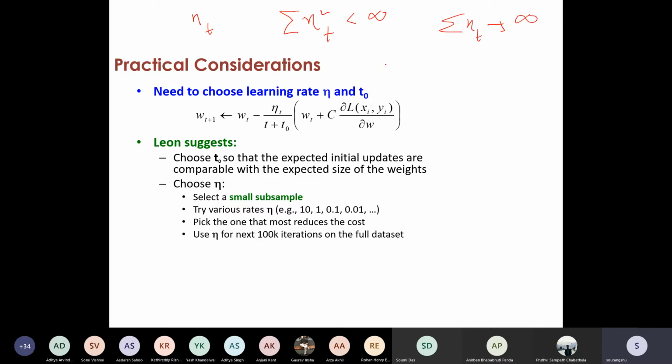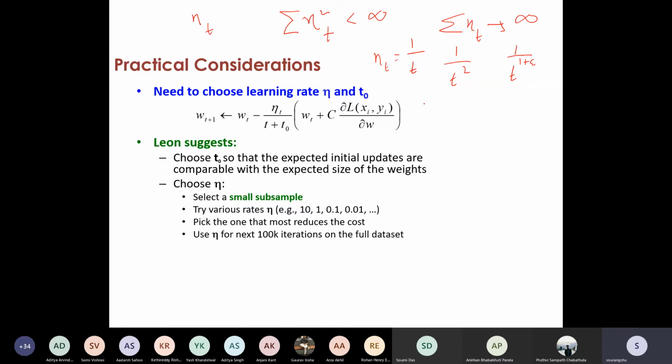In other words, eta t should be a sequence, something like, let's say, 1 by t. We know that 1 by t square is convergent, but 1 by t is divergent. In fact, 1 by t is the one that is just divergent. So 1 by t to the power 1 plus epsilon is convergent, right?